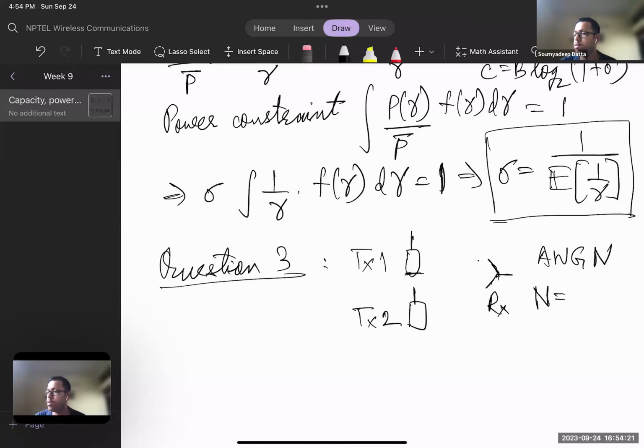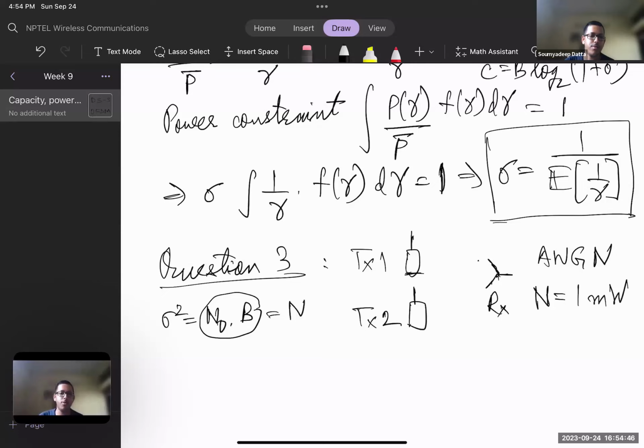The total noise power N: we know that noise power sigma square is typically some N naught, the noise spectral density, times bandwidth. But essentially you are just given this noise power sigma square, also denoted as capital N, something like 1 milliwatt.